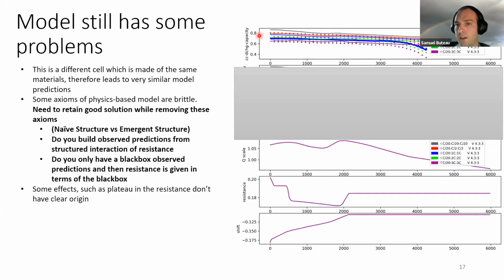So here's another cell for which the blueprint is exactly the same in the model. So if you have a function and you give it the same input, it's going to produce the same output. But the experiments that we have for these two cells have different outcomes. Namely, this one shows rapid degradation after about cycle 3000.